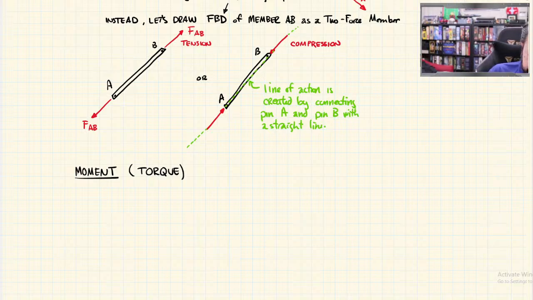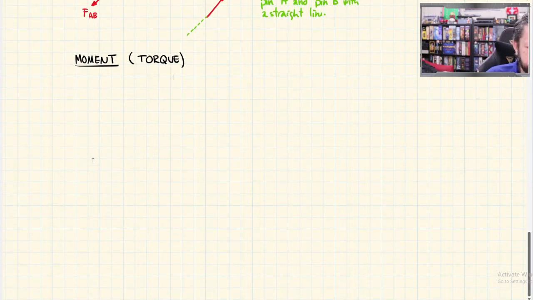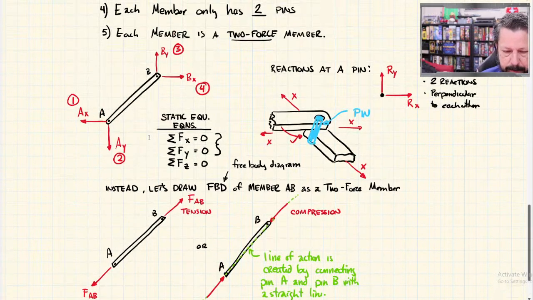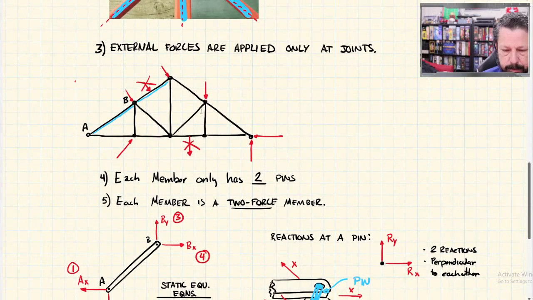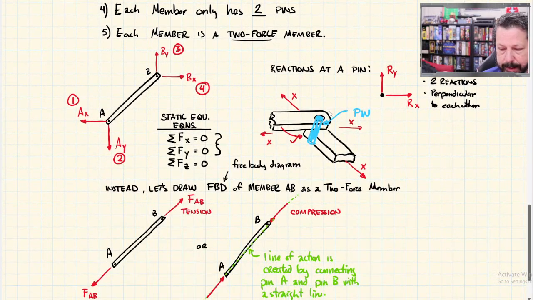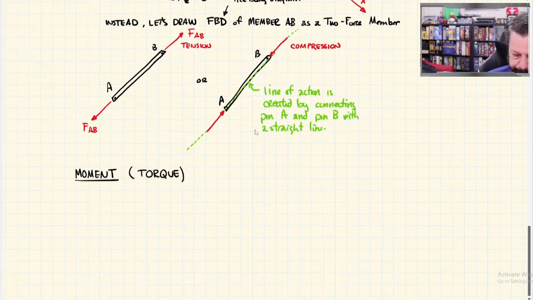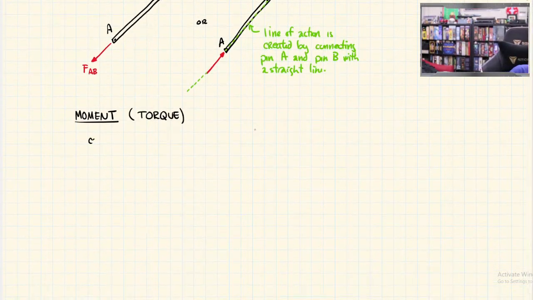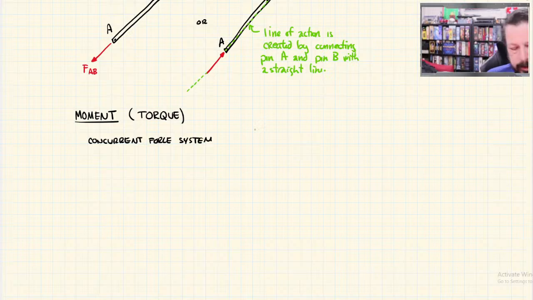So earlier, day 1, day 2, actually up until now, we have had concurrent force systems. In fact, we were just talking about concurrent force systems a little bit ago. Right here with the pin joint, we've only been concurrent. So just to make sure we're all on the same page with that: a concurrent force system meant that we had some kind of point in the middle.